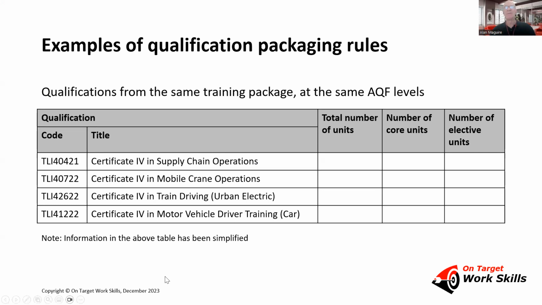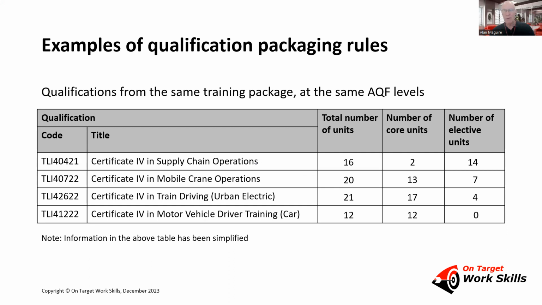And the numbers for supply chain operation, 16-14; for mobile crane operations, 20-13-7; train driver, 21-17-4; and motor vehicle driver training. So they're the people that train our learner drivers: 12-12-0.